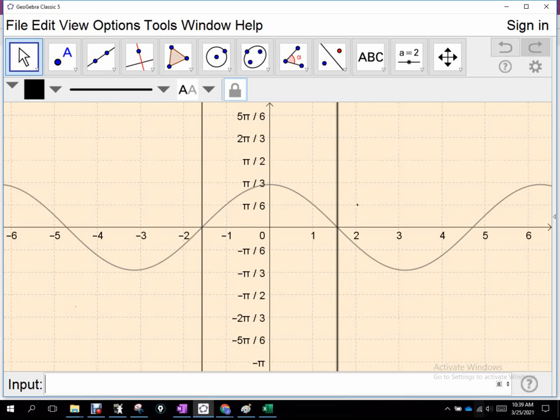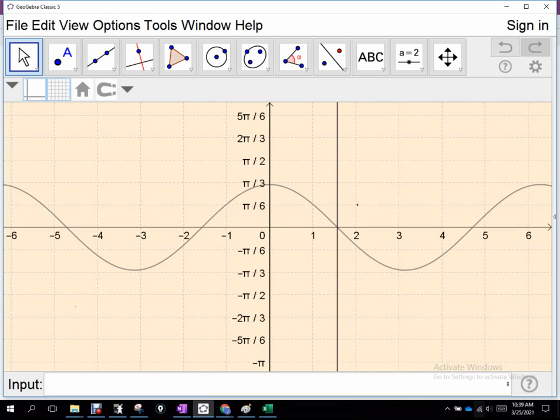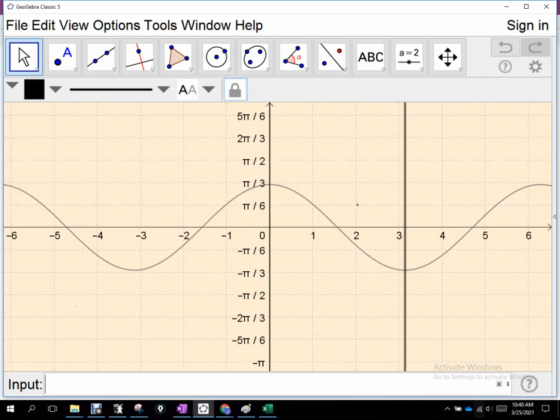And if I shift them pi over 2 units to the right, so that pi over 2 one would go out to pi. And now if I look through those two x values created by those bars, is that graph only decreasing?